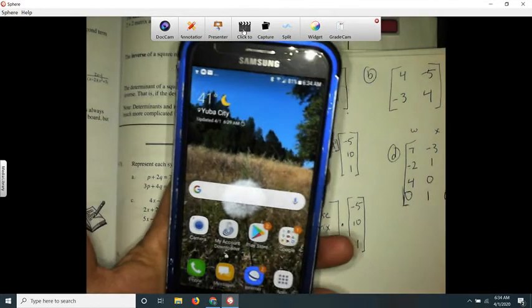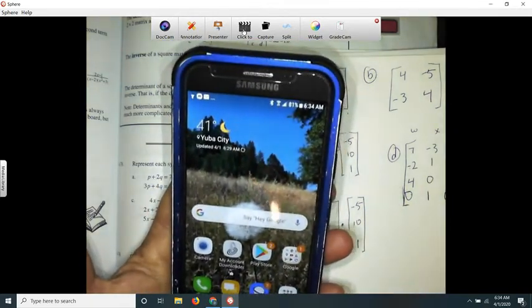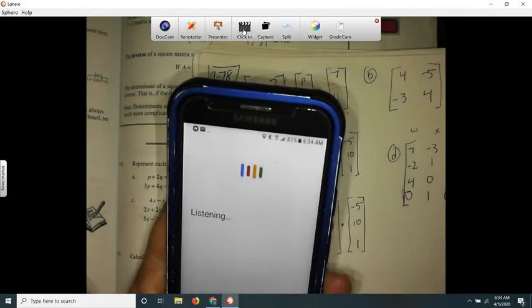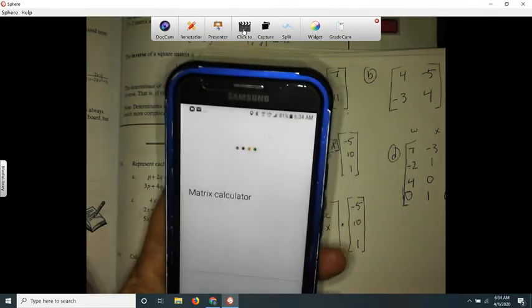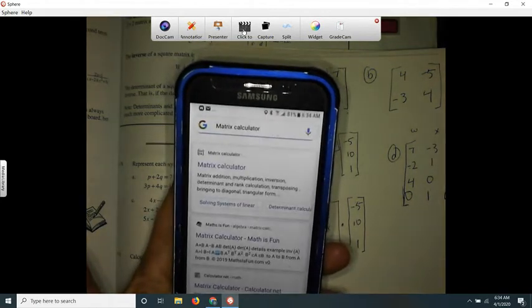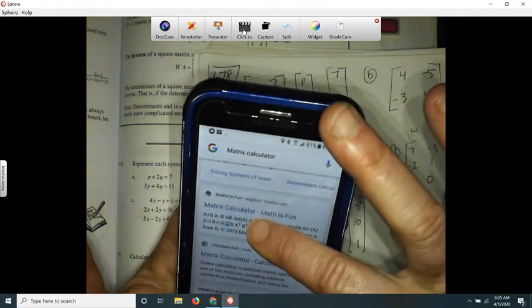I'm just going to use my phone. Usually I use my computer. I say, Desmos matrix calculator. It didn't hear me. I said, Desmos matrix calculator.